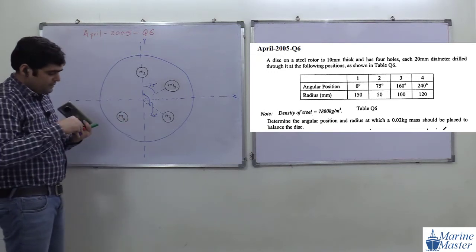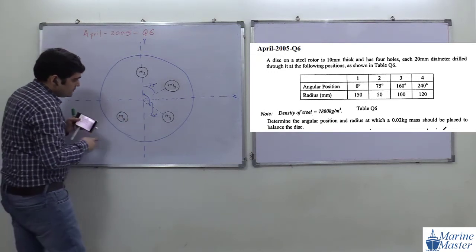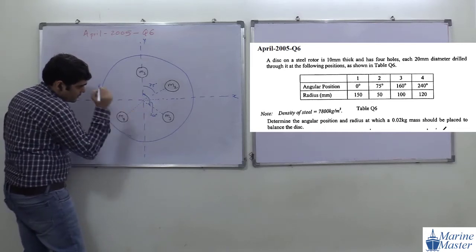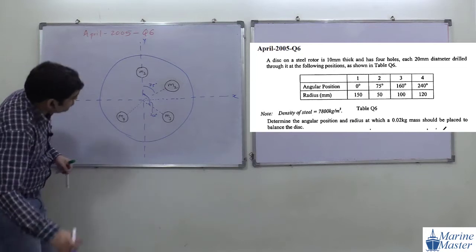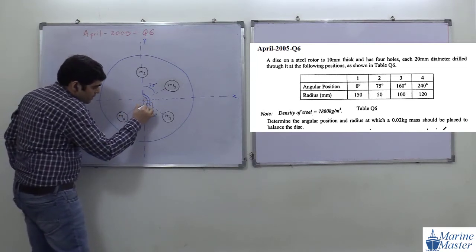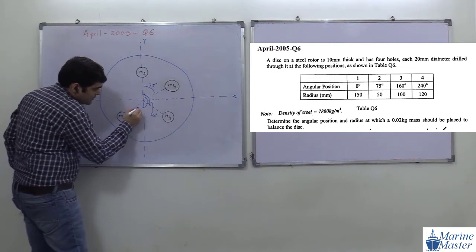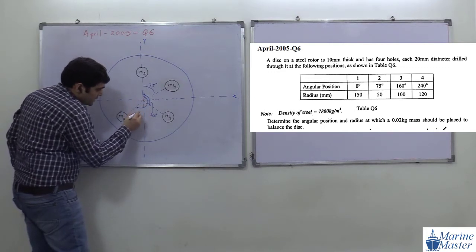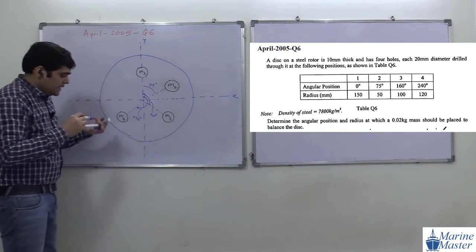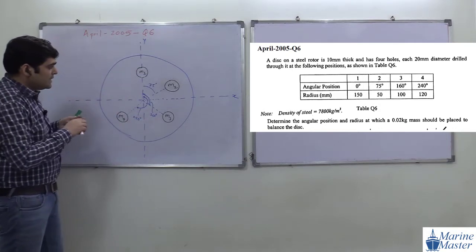Try to see the point here. So how much is the angle of the fourth hole from this reference line? 240 degrees. Okay, good. Now I am going to add a few more angles here.